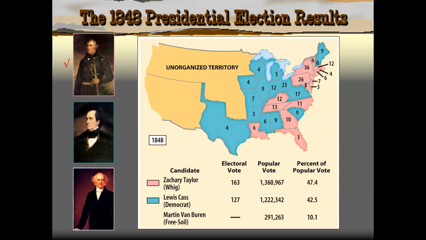Then you get California. California gets ready to apply for territorial status. Because of the 1849 gold rush, it has people pouring in there. And it really has the potential to not only bypass the territorial status, but to go straight to statehood.